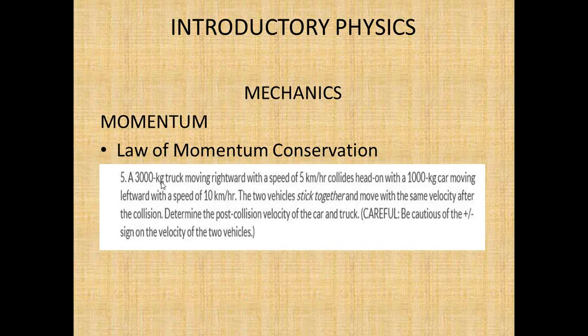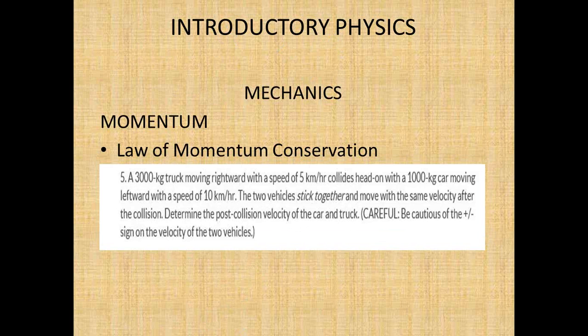A 3,000 kilogram truck moving rightward with a speed of 5 kilometers per hour collides head-on with a 1,000 kilogram car moving leftward with a speed of 10 kilometers per hour. The two vehicles stick together and move with the same velocity after the collision. Determine the post-collision velocity of the car and truck.